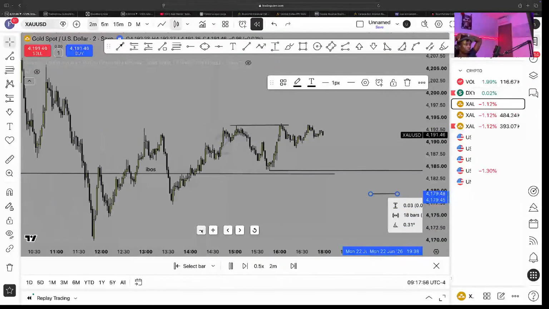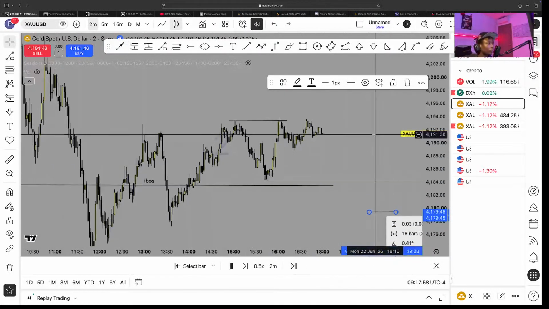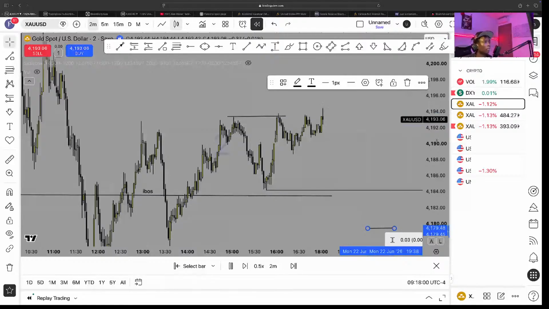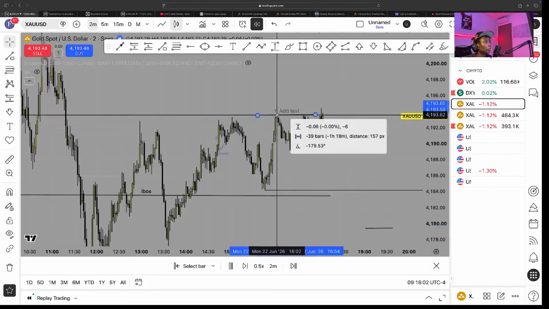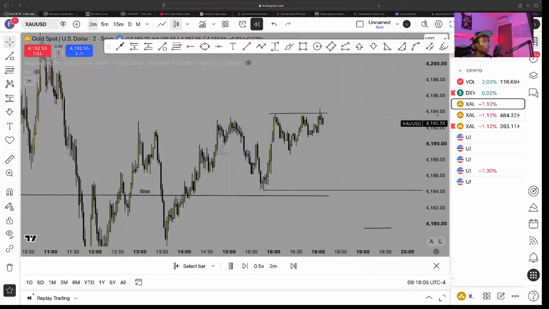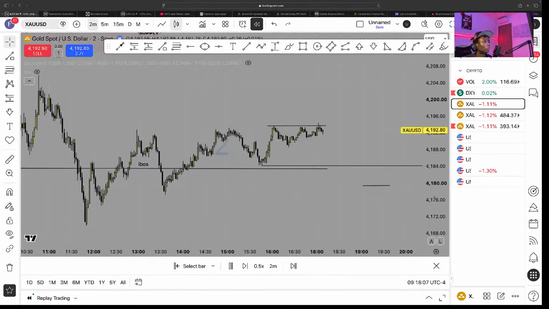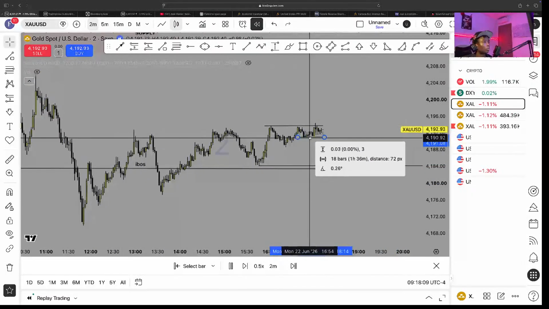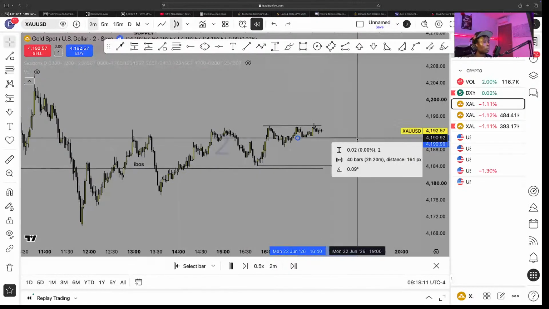Just want to show you guys the exact entry I would have taken in this trade. Yeah, we have this sweep above here. So this is the recent low.